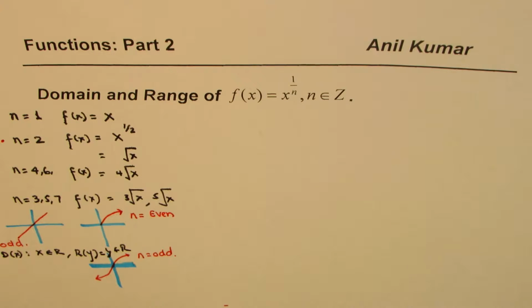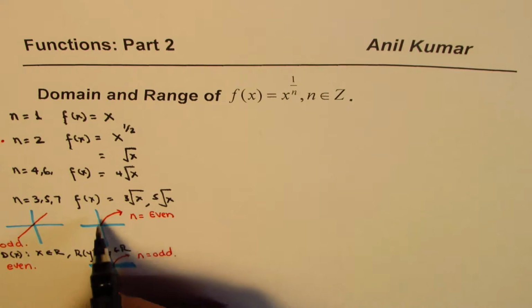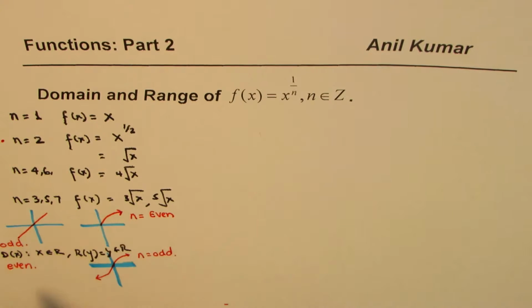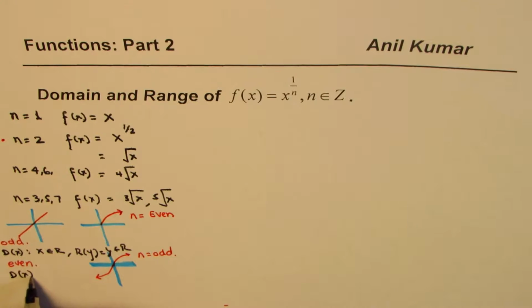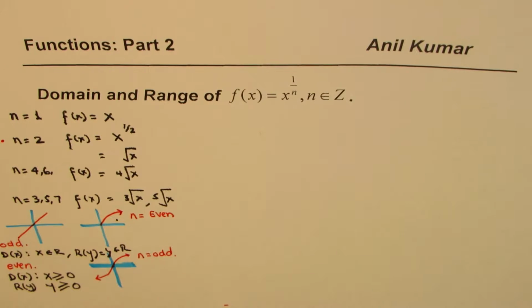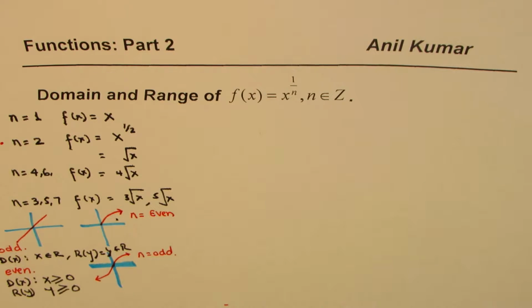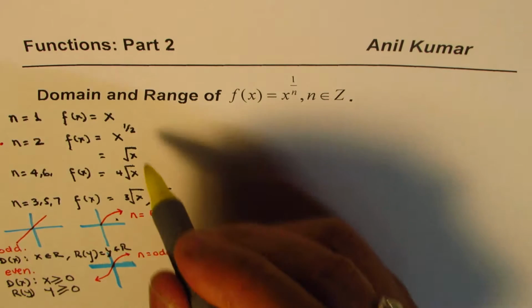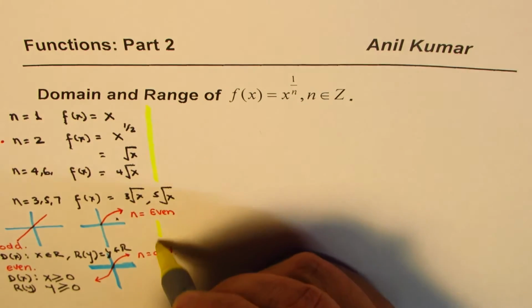However, when n is even, the domain is x greater than or equal to 0, and the range is y greater than or equal to 0, right? Perfect. This is what we learned in part 1.